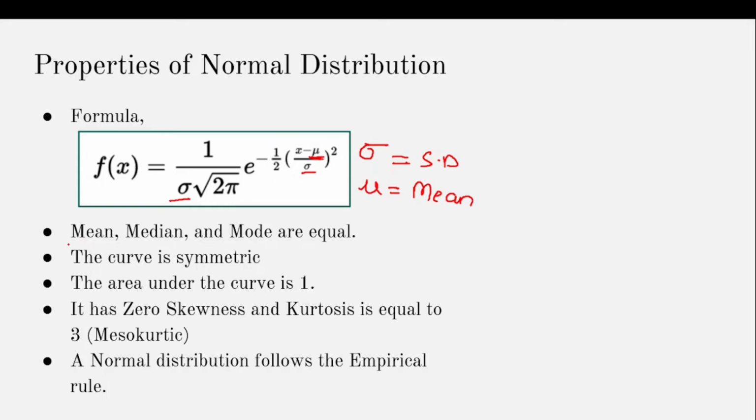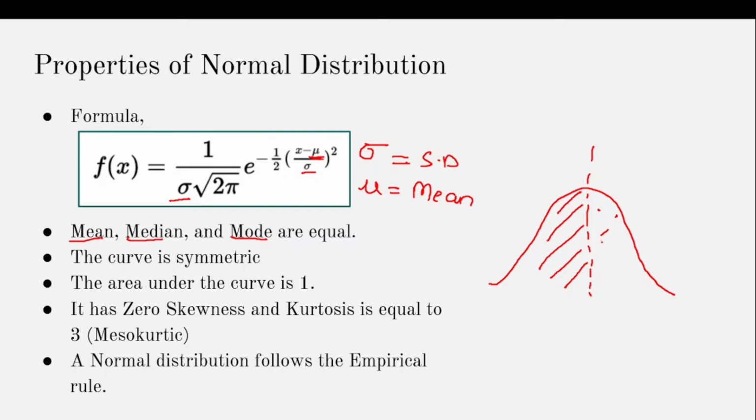We have already seen that for a normal distribution, mean, median, and mode are equal. The curve is symmetric, with half of the values on the left and the other half of the values on the right of the mean.